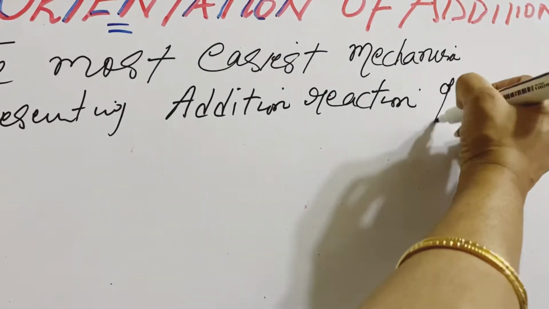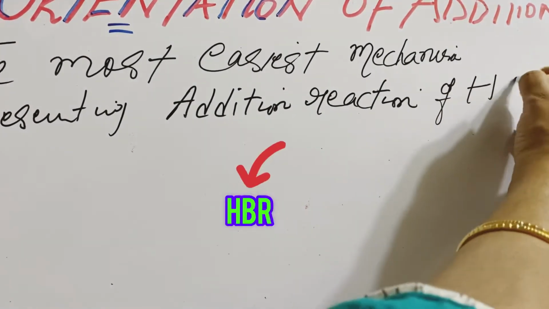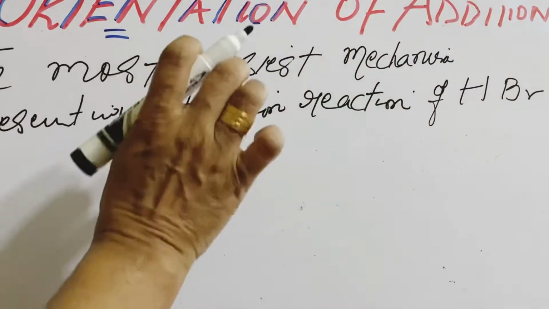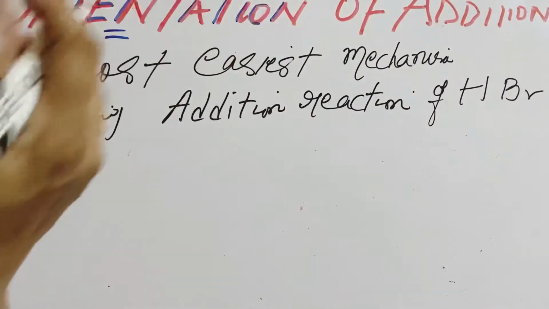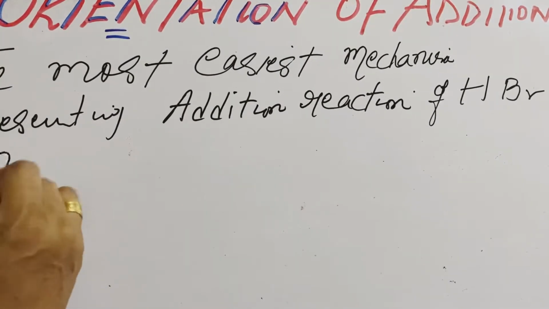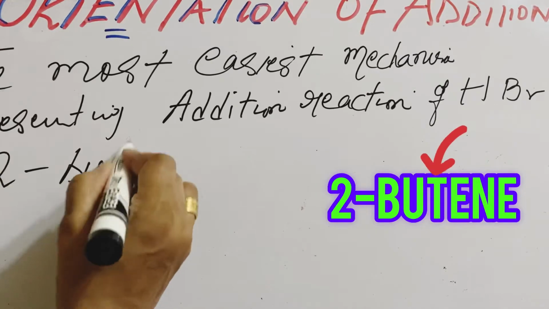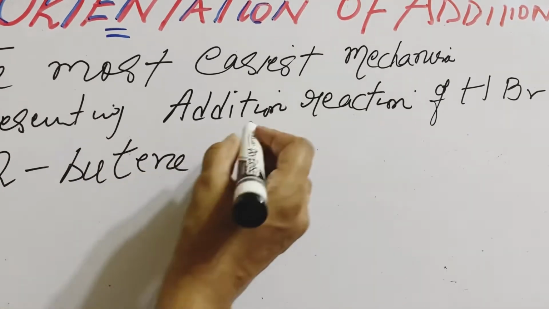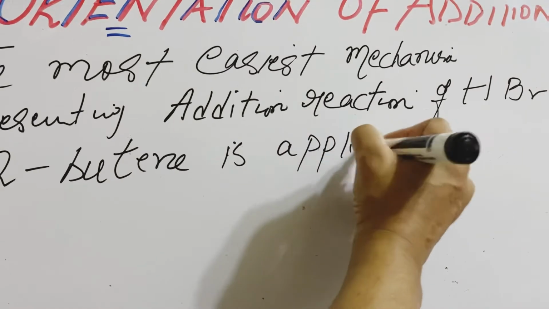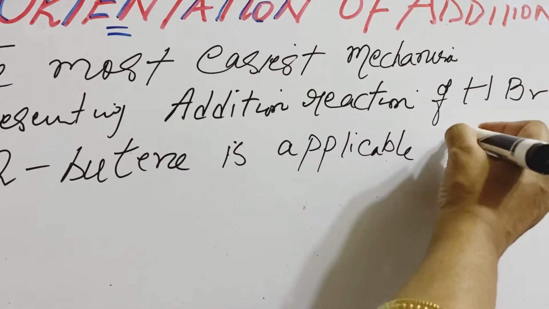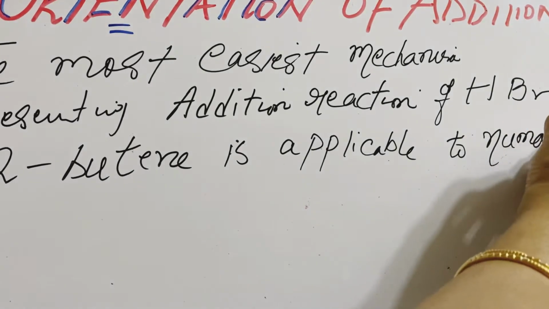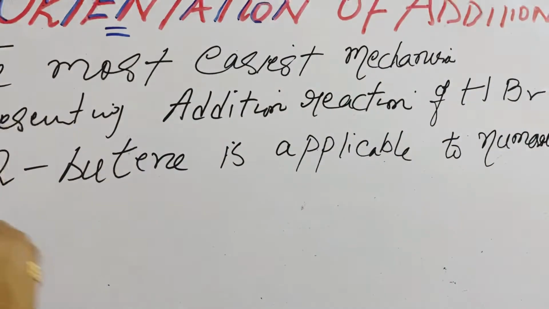Of course, of hydrogen bromide, HBr, hydrogen bromide and 2-butene is of course applicable to numerous electrophilic additions.